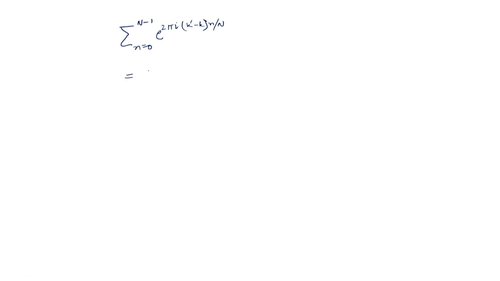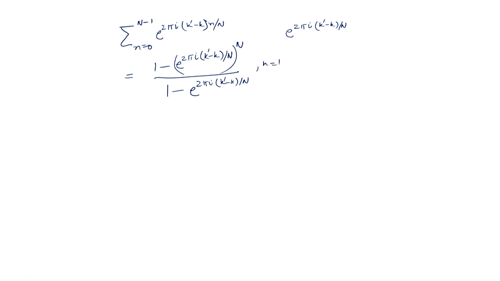So, this is equal to 1 minus e to the power 2 pi i (k dash minus k) divided by n, raised to the power n. Okay. The geometric ratio here is e to the power 2 pi i (k dash minus k) divided by n. Okay. And so, this is divided by 1 minus e to the power 2 pi i (k dash minus k) divided by n if k is not equal to k dash.